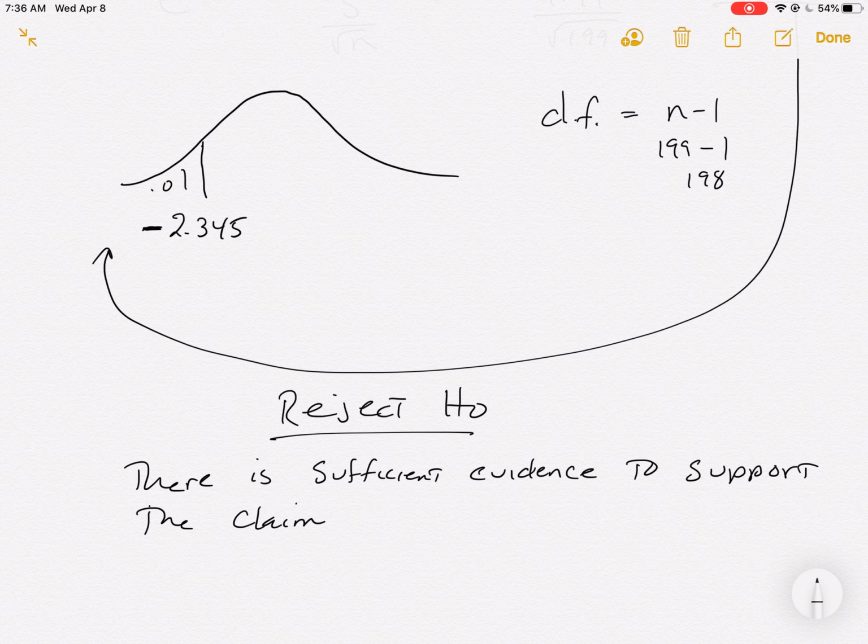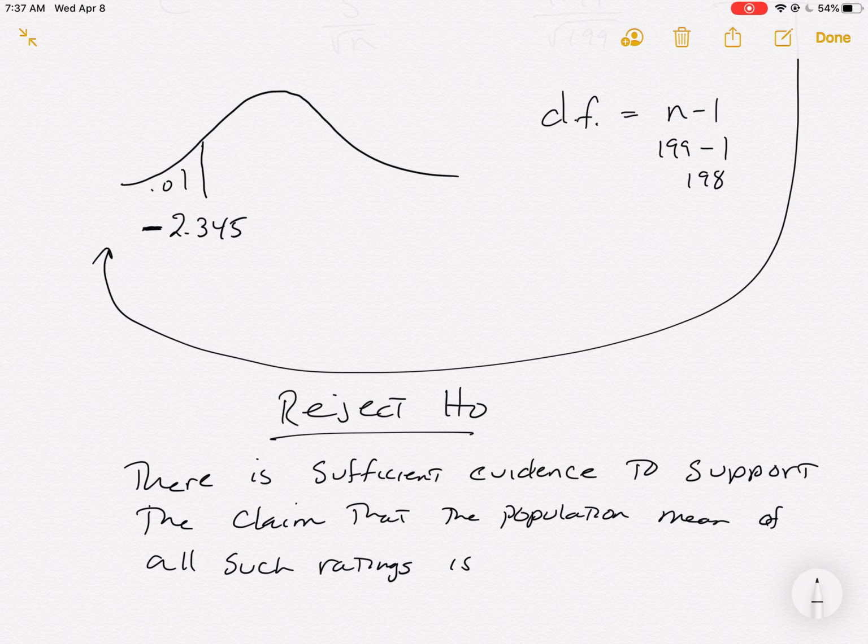The claim that the population mean of all such ratings is less than 7.00. So we have strong enough data, in fact super strong data, to reject the null hypothesis.